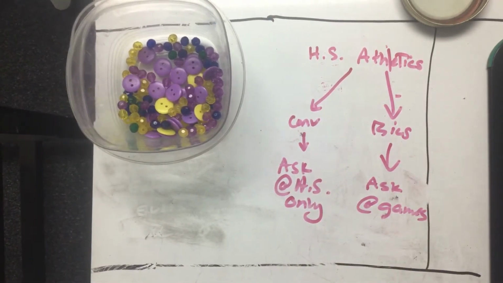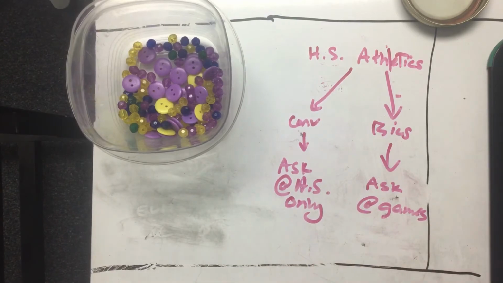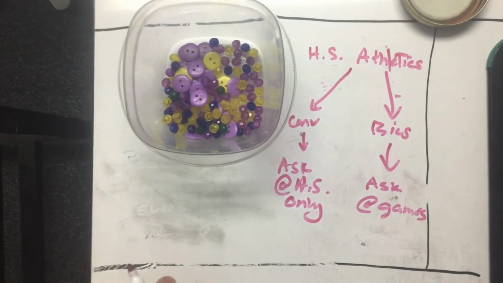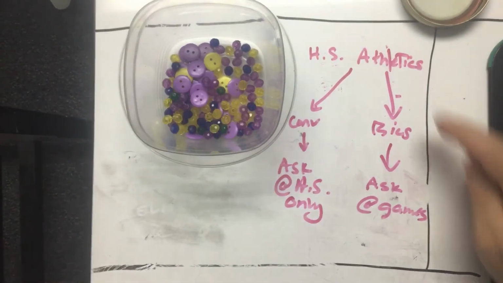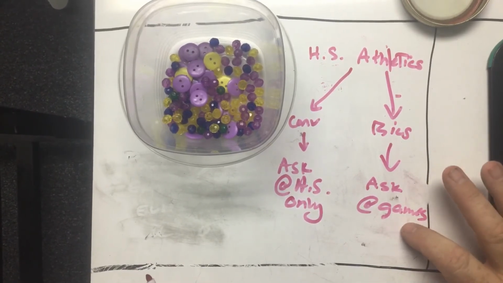Okay? So that's the idea of being convenient and biased. So I'm just going to go to the football game, or a basketball game or a soccer game or anything like that, and ask those people if they favor athletics. Well, you're going to favor a certain outcome at that point.